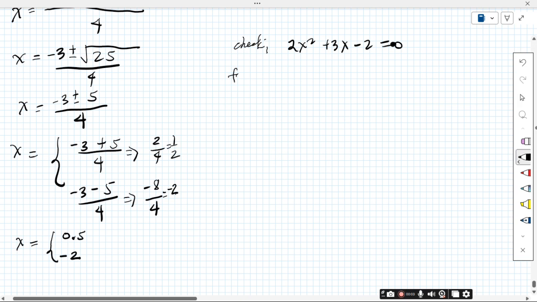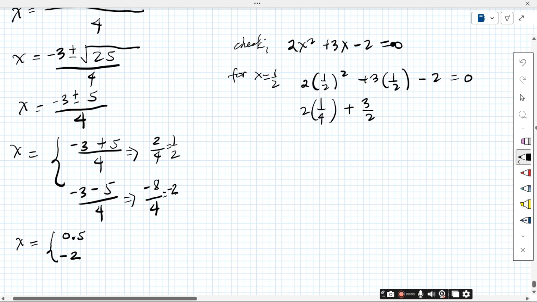For x equals 1 half, we have 2 multiplied by 1 half squared, plus 3 multiplied by 1 half, minus 2 equals 0. Now 1 half squared is 1/4. Multiply that by 2, plus 3 halves, minus 2 equals 0.